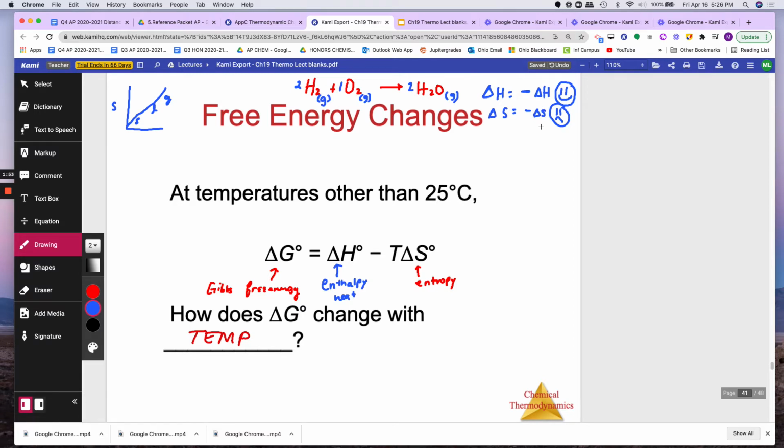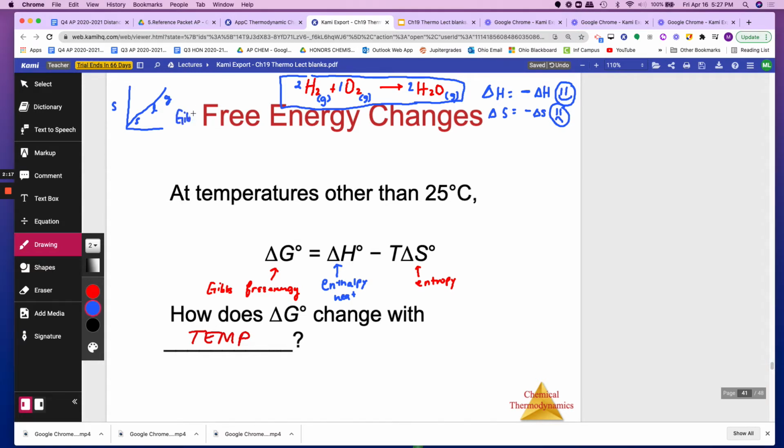So what's happening here is if you want to know whether this reaction will occur spontaneously or not, you have to consider the battle between the enthalpy and the entropy, okay? And that is given to you by a formula. The formula is called Gibbs free energy.